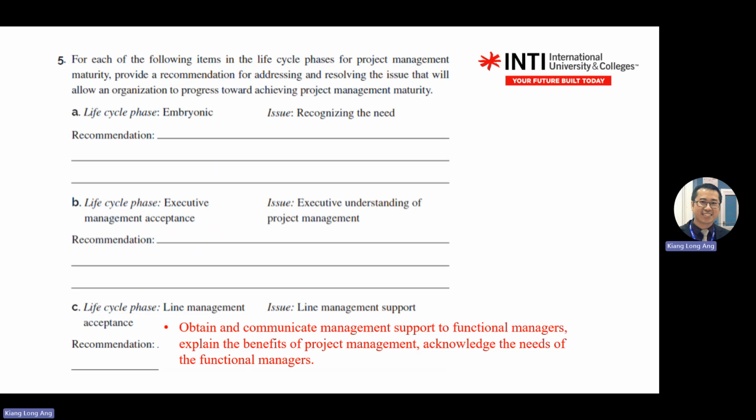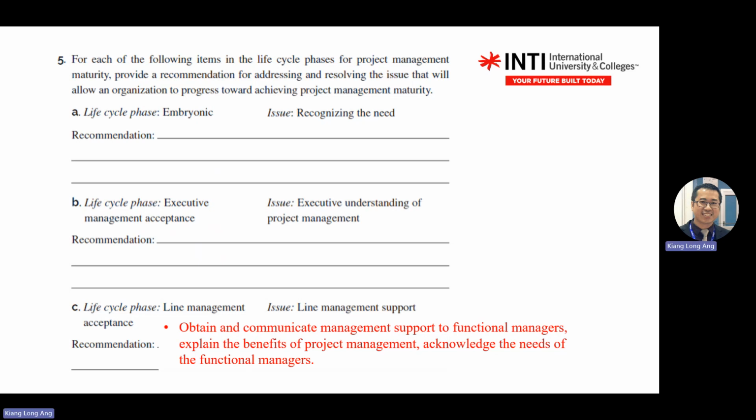So don't confuse with life cycle. This life cycle is this one, life cycle for project maturity. Maturity means from baby until you give birth or you close the projects.